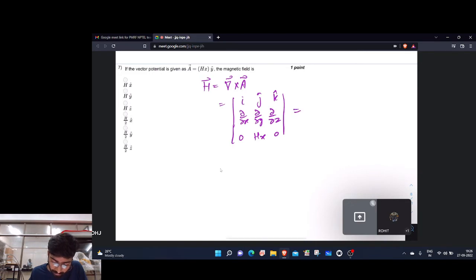If one simplifies it, all the components corresponding to i and j die out because of the different dependence of variables. So only the k component remains, which is del by del x of Hx minus 0, and with respect to x only H survives. Since in our options the unit vectors are given as k, the magnetic field is given by H times z. Answer is C.